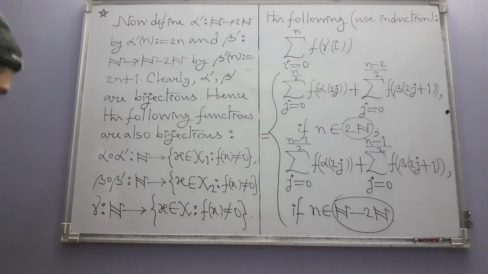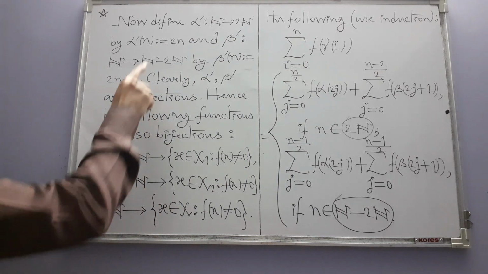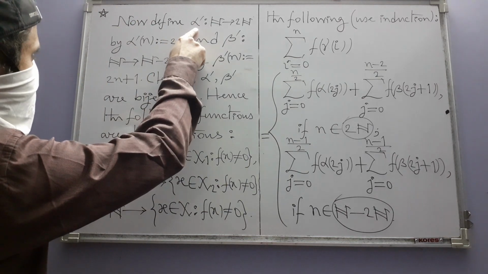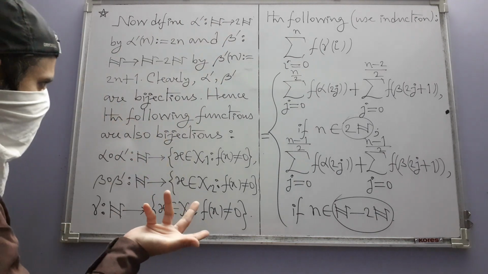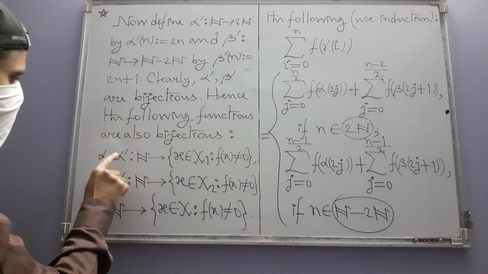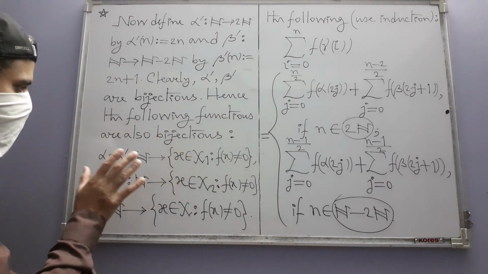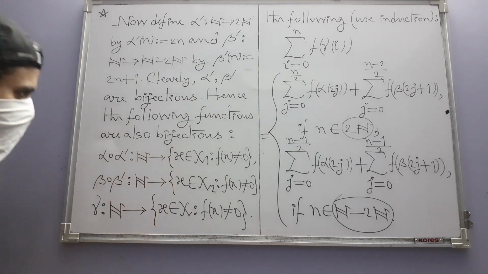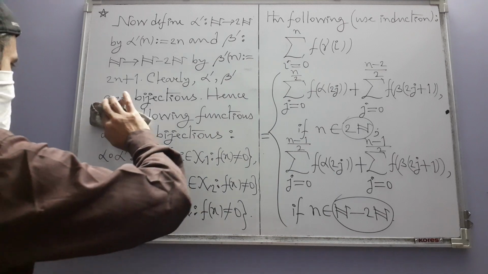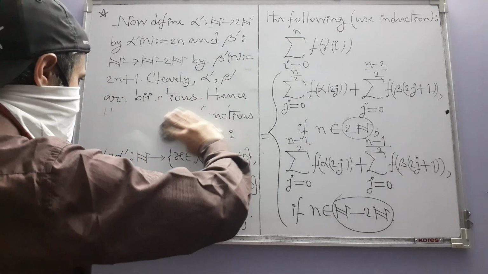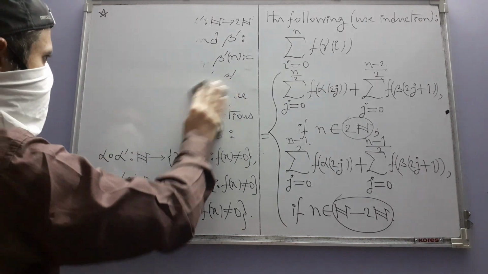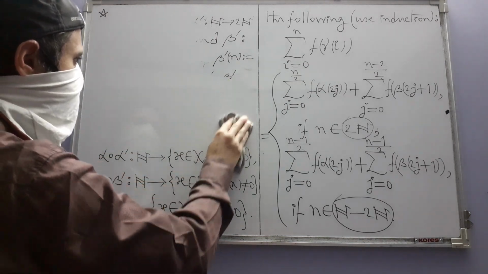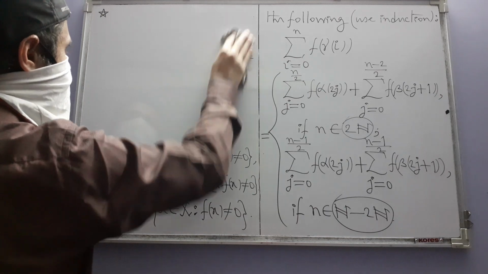Let's just see once more. We next considered these functions, which are themselves bijections. So using them and the original alpha and beta, we created this kind of bijections. Let me just keep this lower part and next write from here.